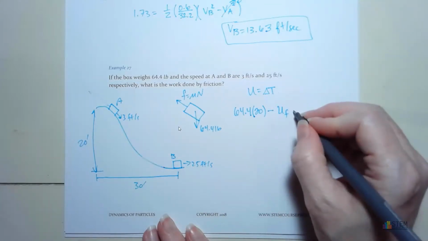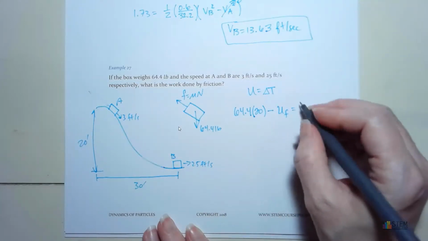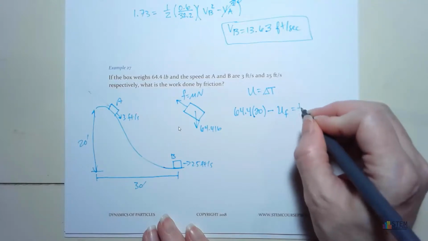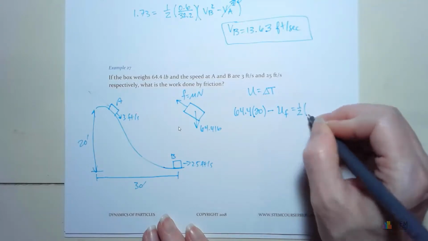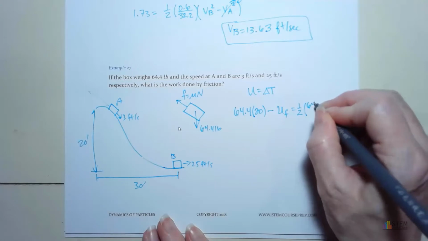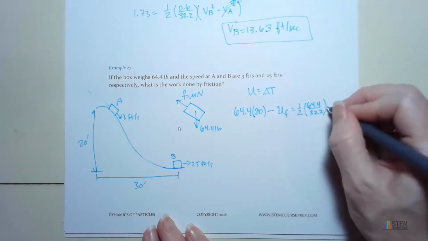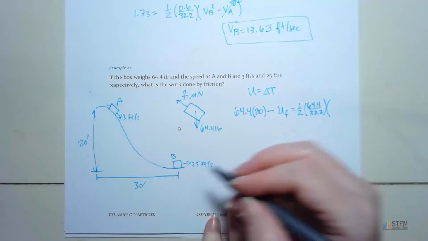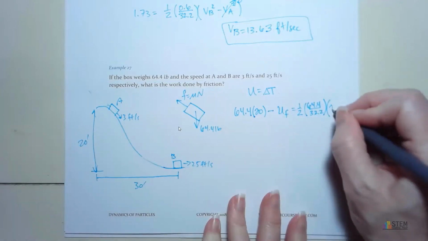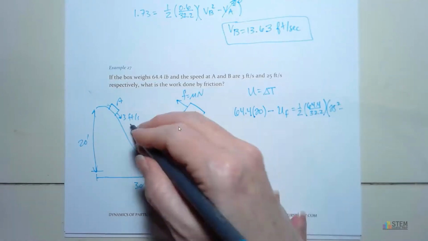All right. So now we're going to set that equal to 1/2 times the mass. So that's going to be 64.4 over gravity times the final velocity squared, so 25 squared minus 3 squared.